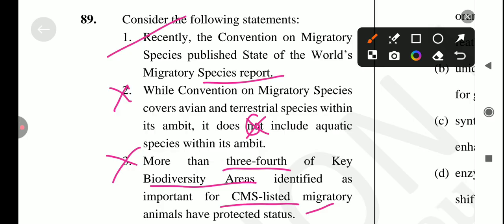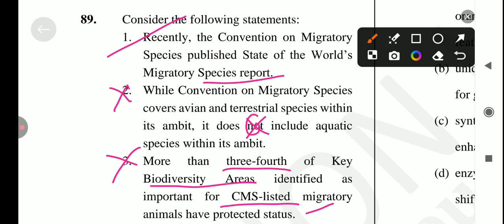Recently, COP14 of CMS held in Samarkand, Uzbekistan led to the introduction of three new action plans for aquatic species, mainly Atlantic humpback dolphin, hawksbill turtle, and angel shark.